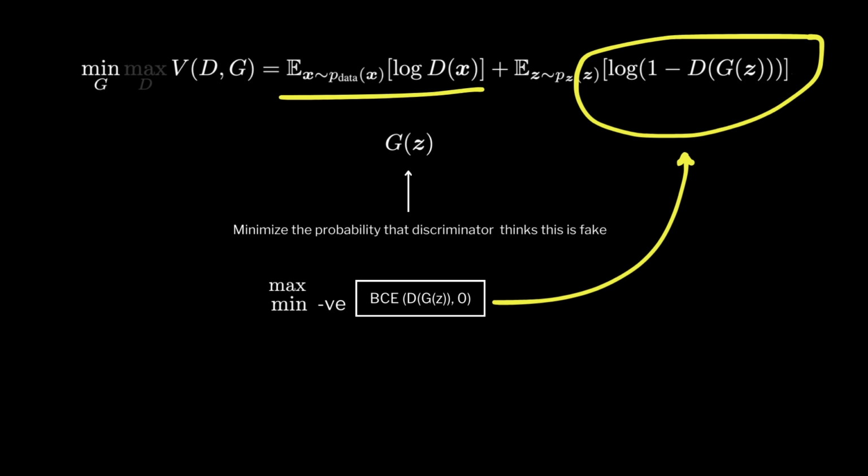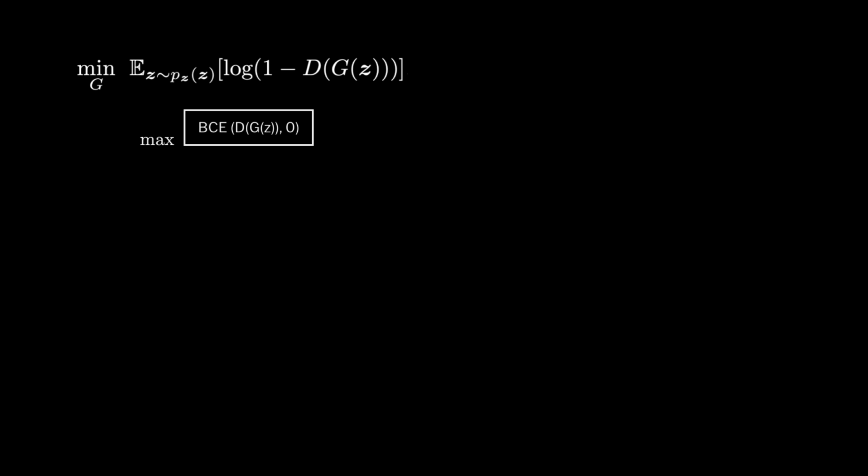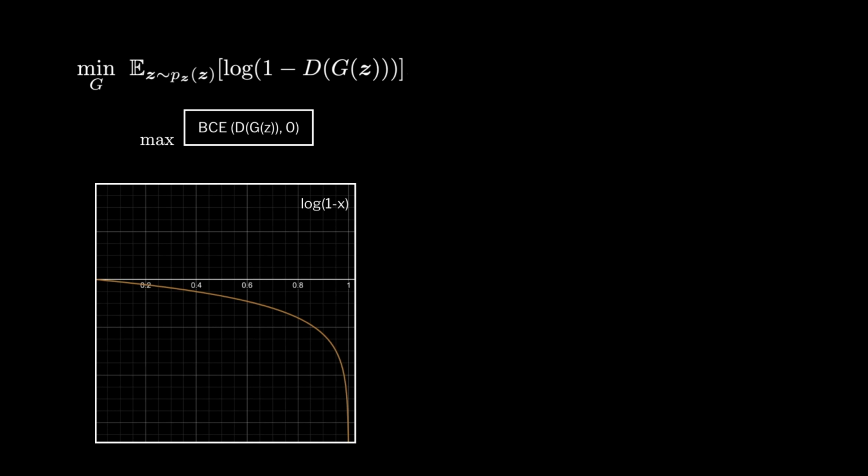Now we said that for the generator, we want to minimize this objective. And we saw that this is equivalent to maximizing the BCE with 0 label for the discriminator output on the generated sample. When you plot the log of 1 minus x graph, you will see that in regions where the discriminator gives lower probabilities, the gradient is very small in terms of absolute value.